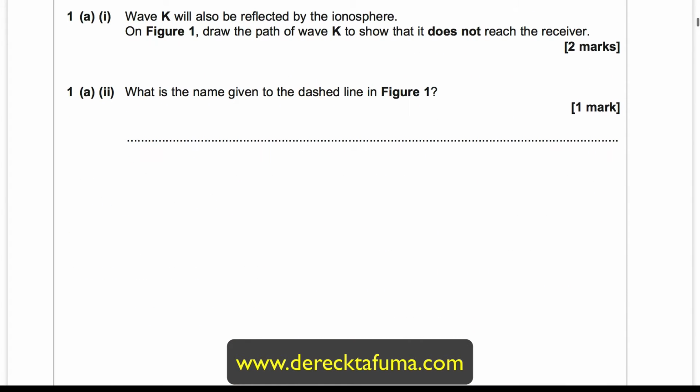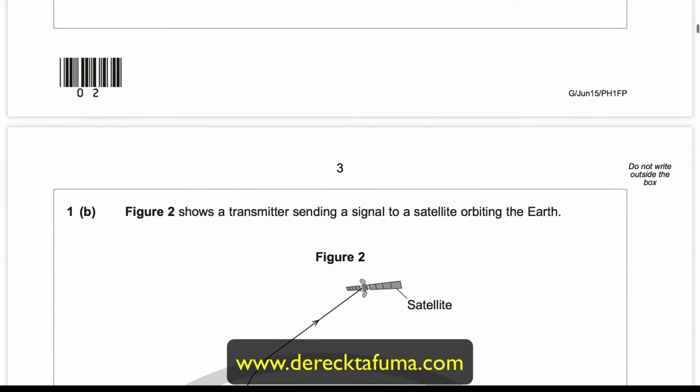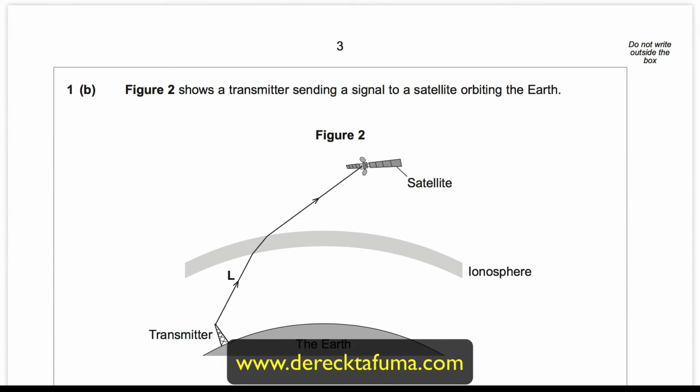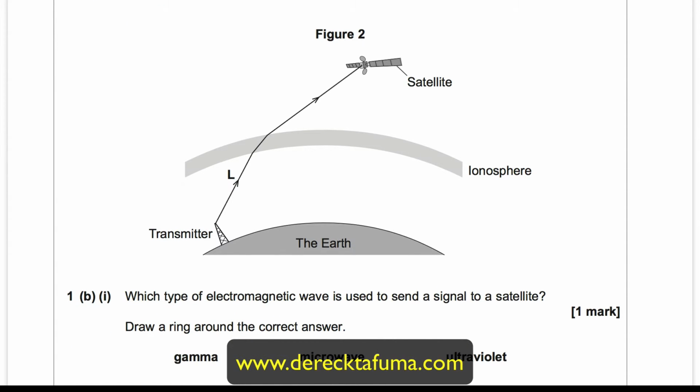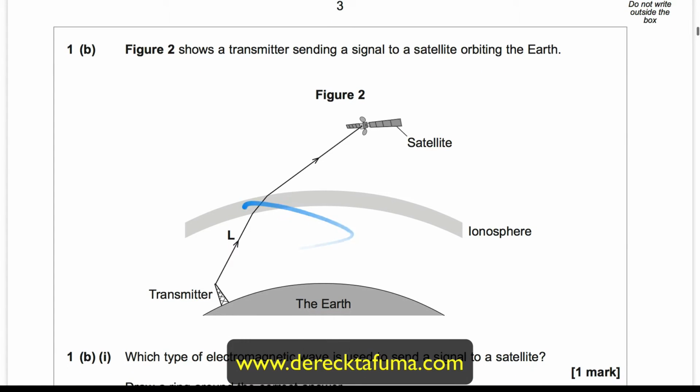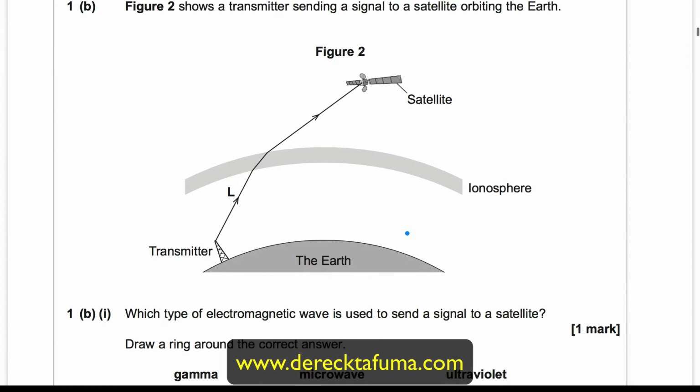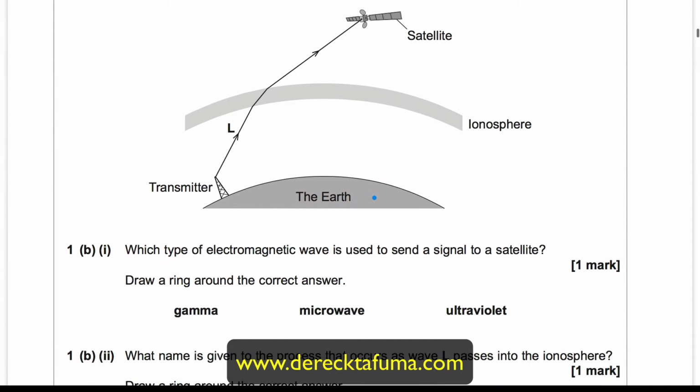Then that's one mark. 1b, figure 2 shows a transmitter sending a signal to a satellite orbiting the Earth. So this time we've got the ionosphere. There is a transmitter, it's going through the ionosphere all the way to the satellite. Then the satellite would transmit to the other side of the world.